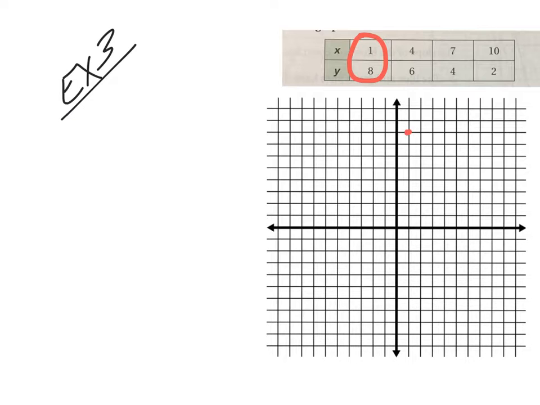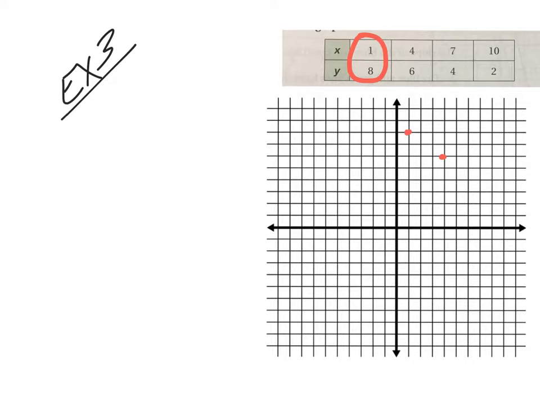What's my next point? 4 comma 6. So go over 4 and then up 6. So right there. What's my next dot? 7 comma 4.